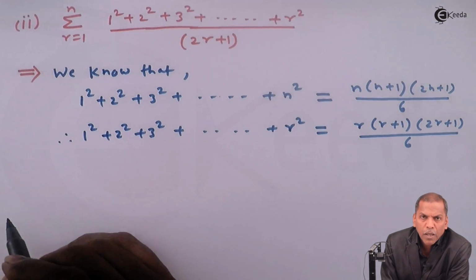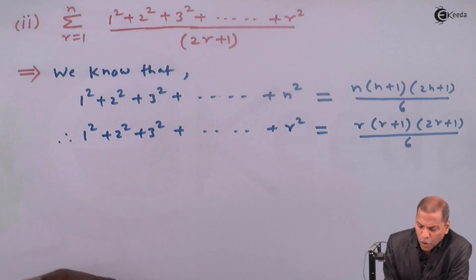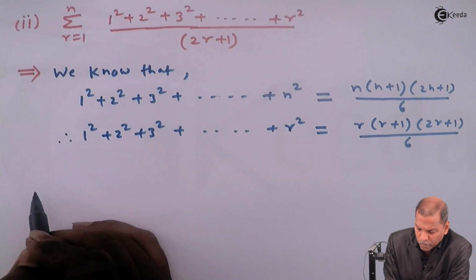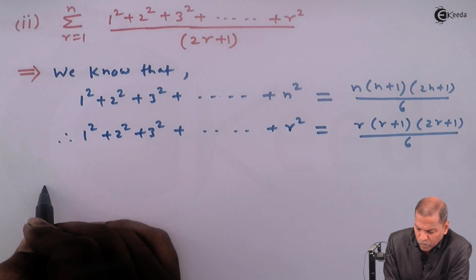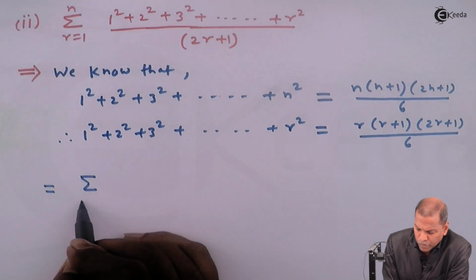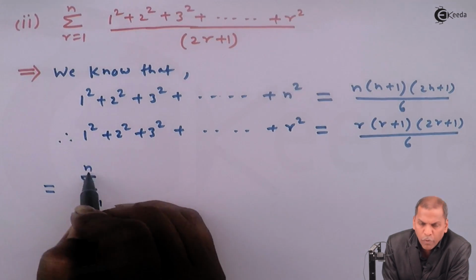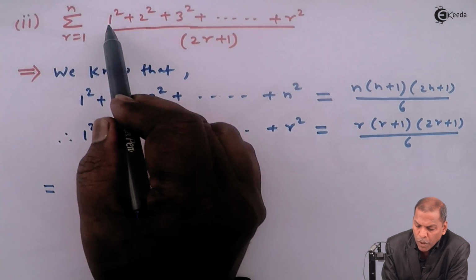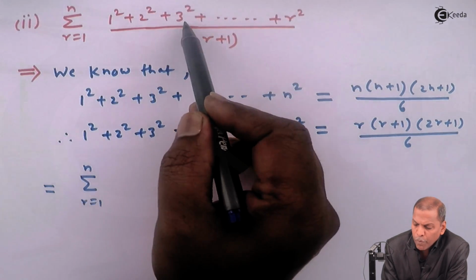So using this formula in above problem we get that equal to summation r takes value 1 to n for 1 square plus 2 square plus 3 square up to r square.